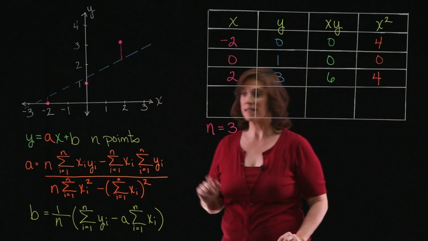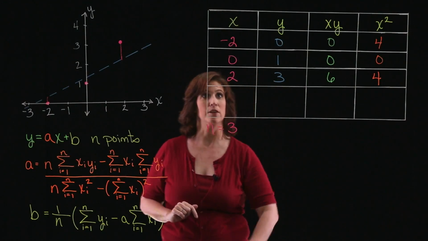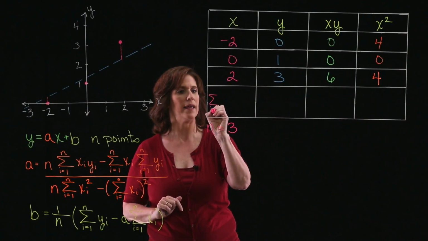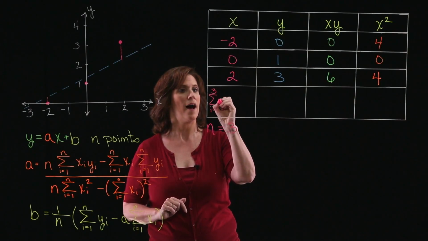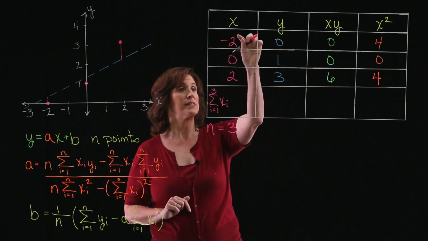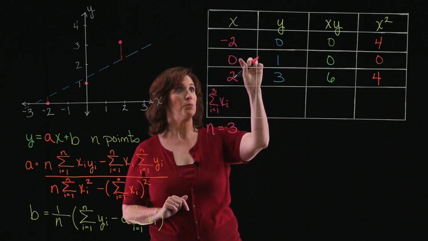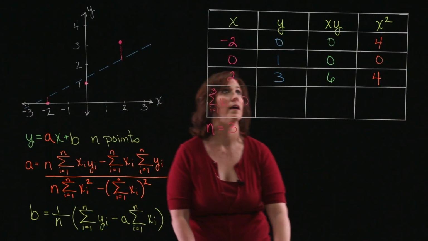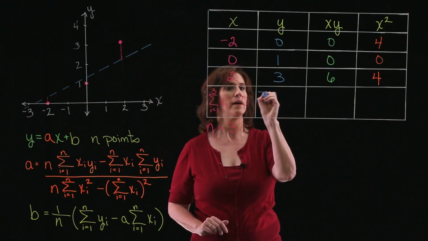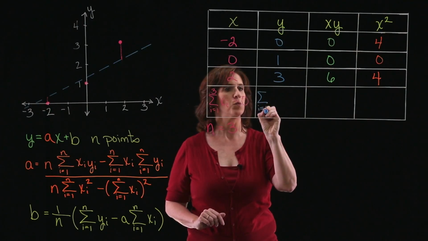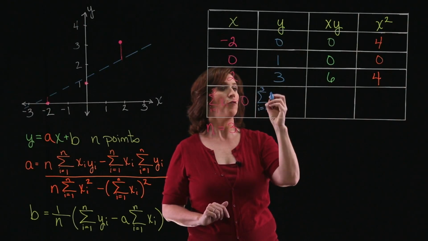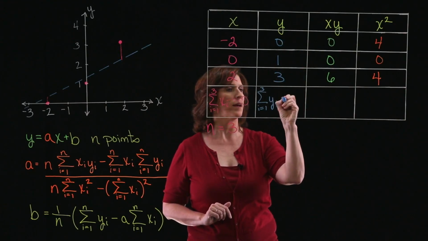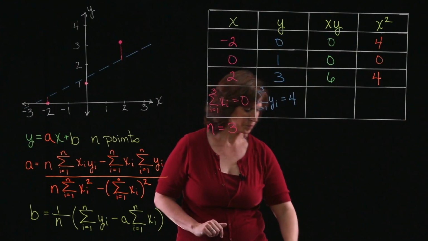Now remember, in my formulas, I'm going to need the sums of these different values. So let's start with the sum from i equals 1 to 3 of x sub i. I'm going to sum up all these terms: -2 plus 0 plus 2, that's equal to 0. Now let's sum i equals 1 to 3 of y sub i: 0 plus 1 plus 3, that's 4.